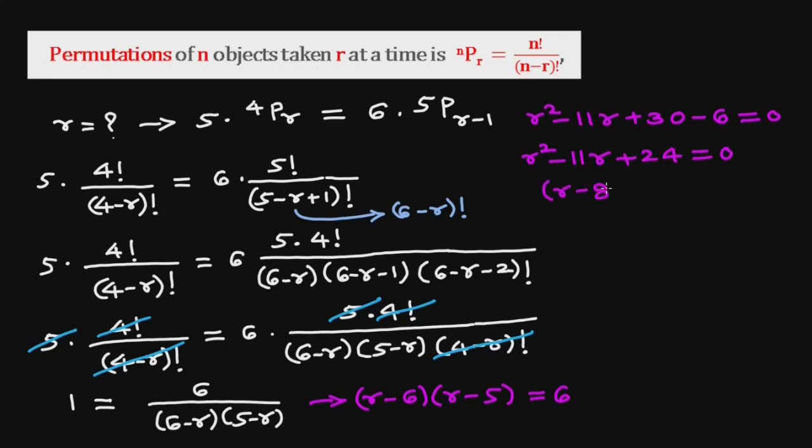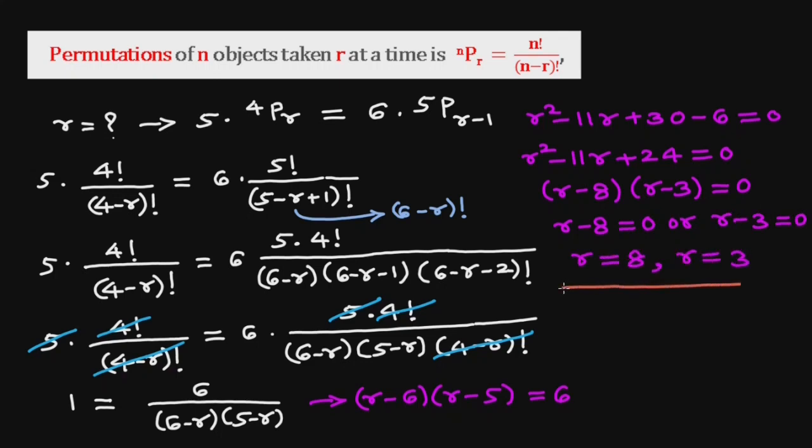Factoring, r minus 8 into r minus 3 equals 0. r minus 8 equals 0 or r minus 3 equals 0, giving r equals 8 or r equals 3. So these are the values of r.